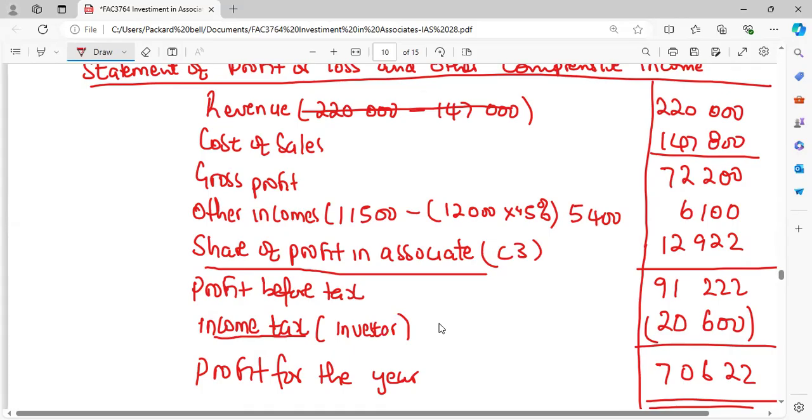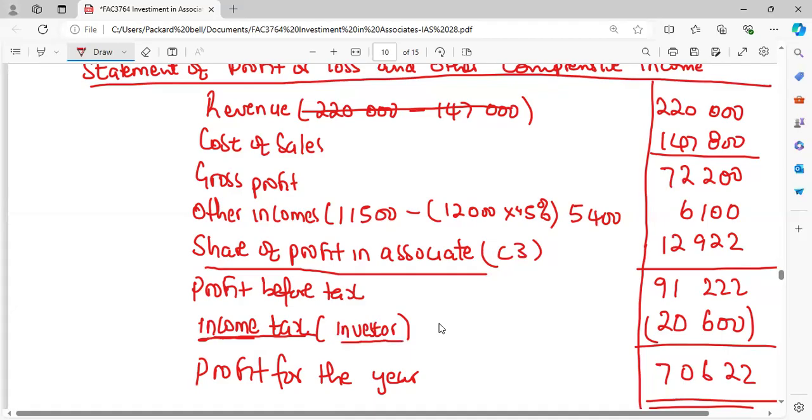But if it was the investor who made the profit, then we're going to adjust this, because we take all line items for the investor in the profit and loss and the assets and liabilities. So that's basically the difference. You look at who made the profit.